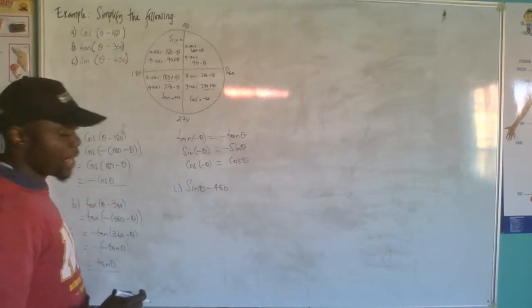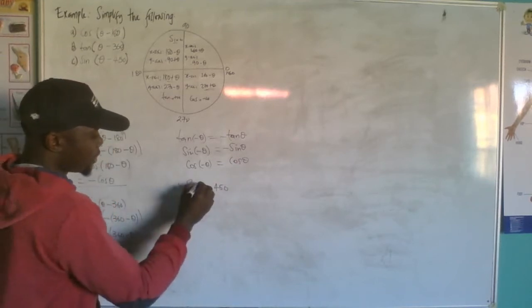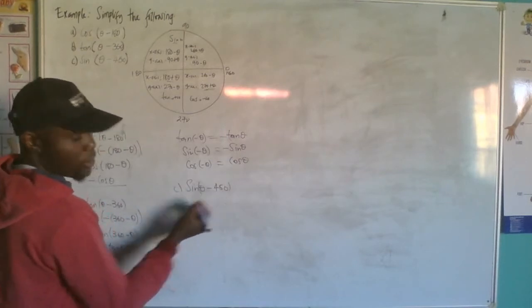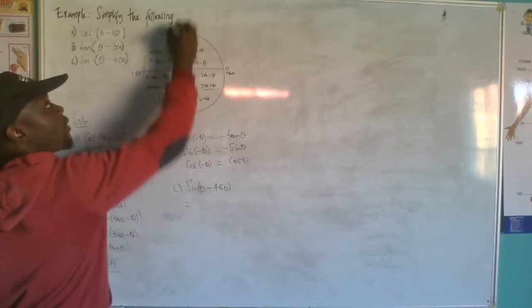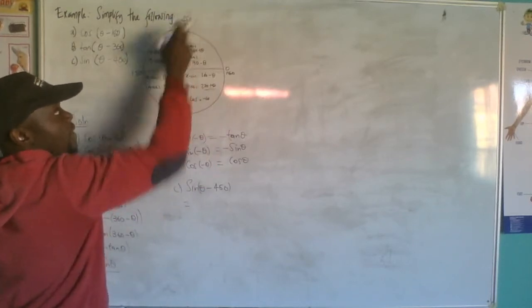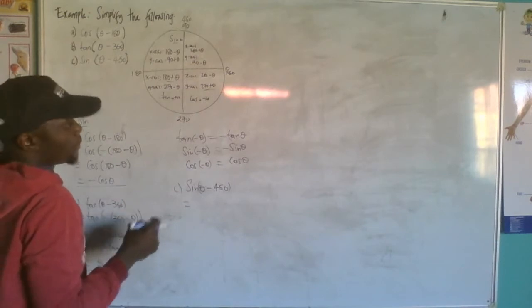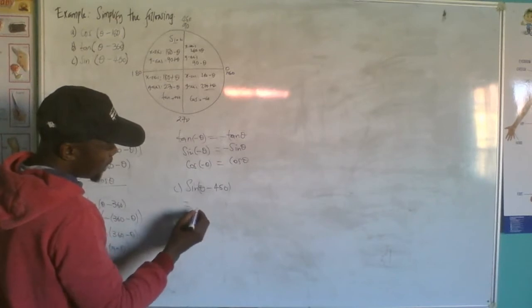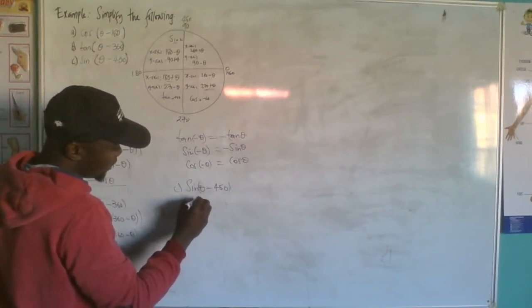Coming to C, which is sine of theta minus 450. Right. Looking at this, still I'll apply the same thing. I know the spatial angle 450 lies there: if you add 90 to 360, you get 450, in the second continuous revolution. So this becomes sine.